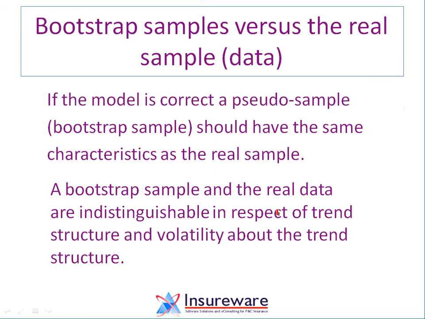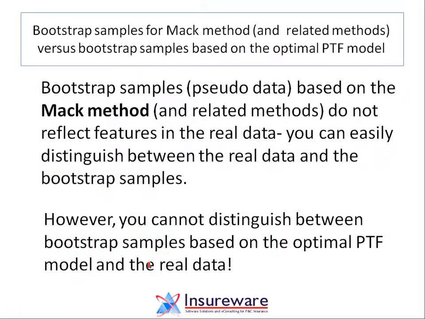So, bootstrap samples versus the real sample, the data. If the model is correct, a pseudo sample, the bootstrap sample, should have the same characteristics as the real data. A bootstrap sample and the real data should be indistinguishable in respect of the trend structure and volatility about the trend structure.